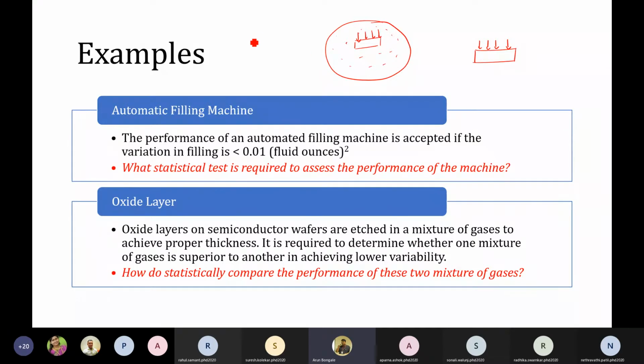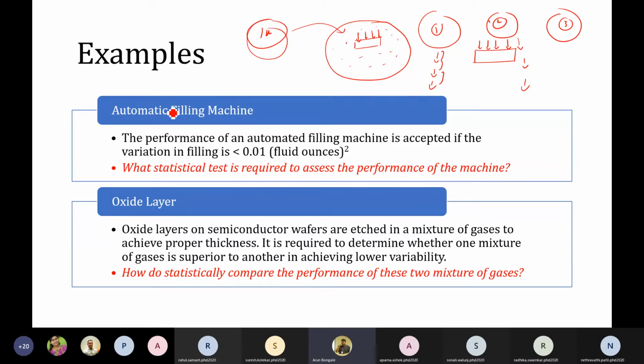Right? So if I want a thickness of say 1 micron, I need to deposit 1 micron thickness here. For this I will be using different sets of gases: mixture 1, mixture 2, mixture 3, likewise. Now if I have a mixture of gases in the first setup and another mixture in the second setup, and I carry out different experiments in these setups, then I compare the variation.